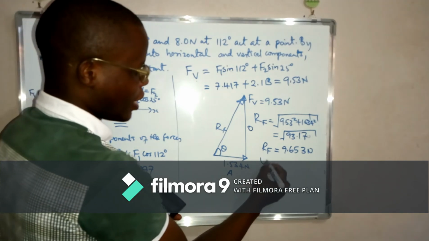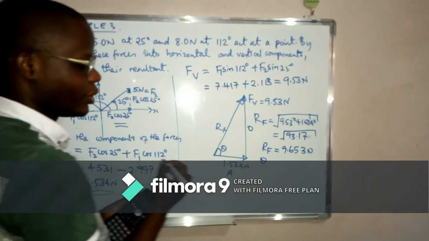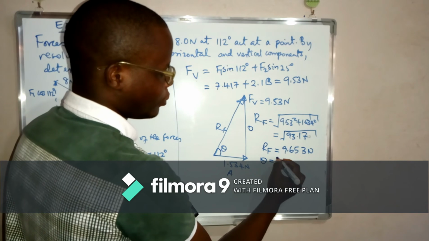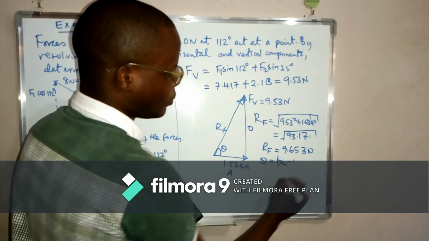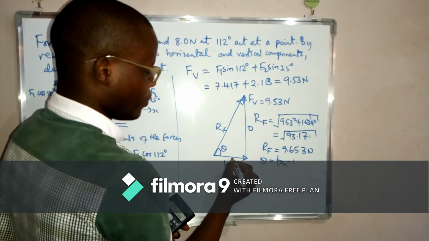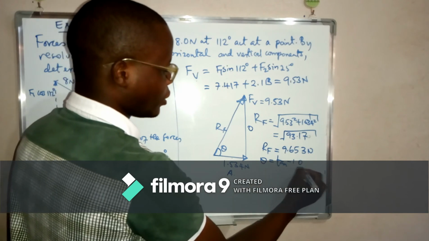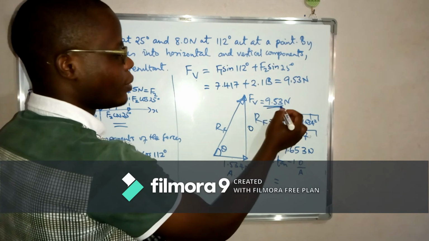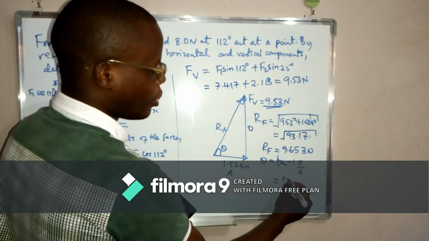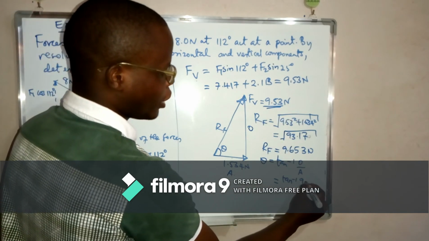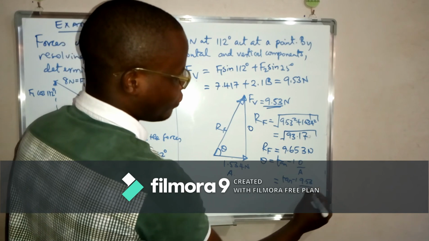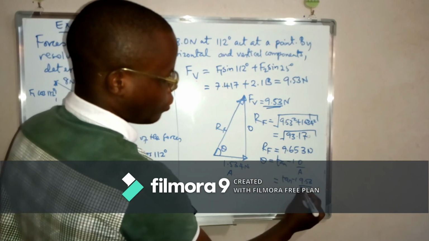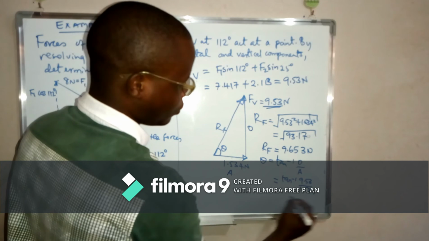Then we get the direction theta. To get theta, we say tan inverse of opposite over adjacent. In our case, this is the opposite, 9.53, divided by 1.534.